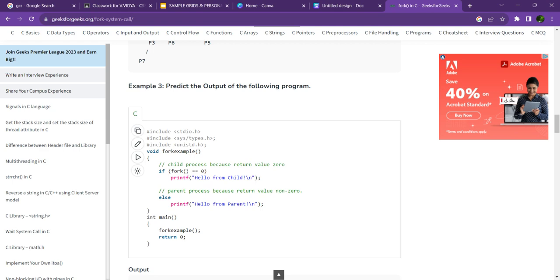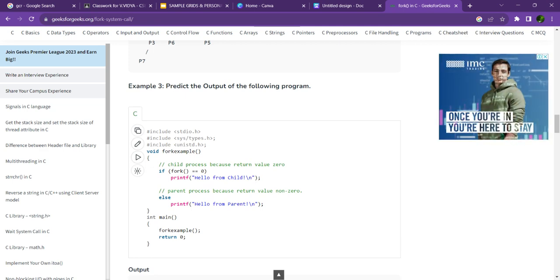If the child returns a value of 0, the parent can confirm that the child is created. And if any value other than 0 is returned, the parent will confirm that the child is not created, and only the parent exists.